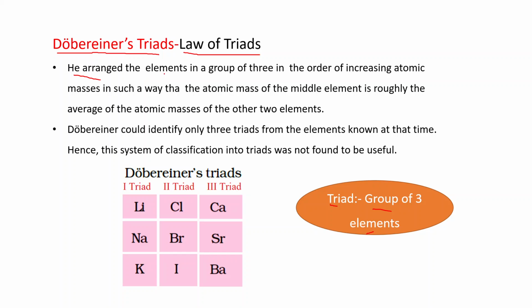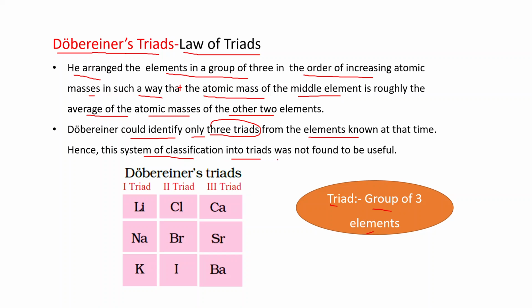He arranged the elements in groups of 3 in the order of increasing atomic masses in such a way that the atomic mass of the middle element is roughly the average of the atomic masses of the other 2 elements. Döbereiner could identify only 3 triads from the elements known at that time. Hence, this system of classification into triads was not found to be useful.